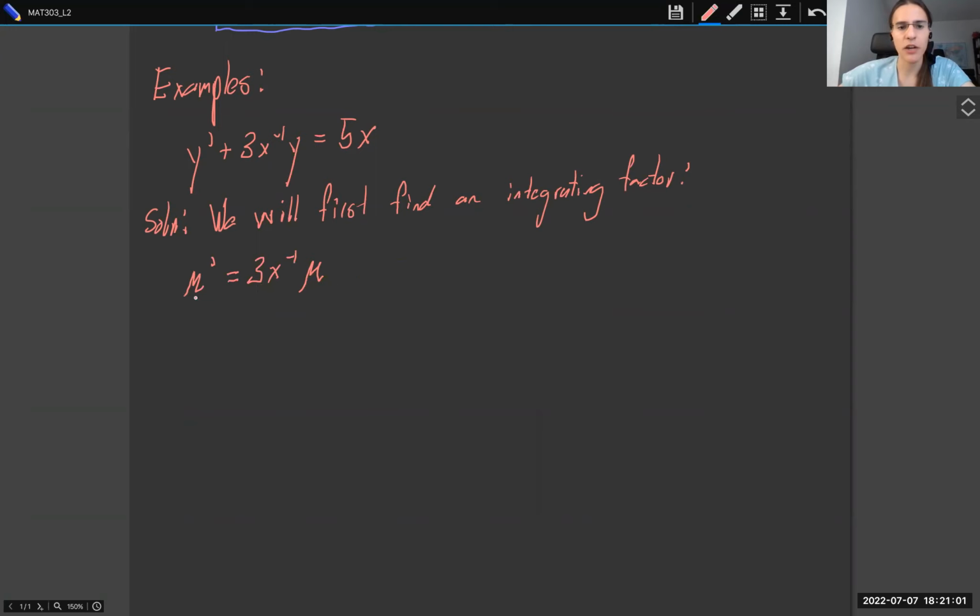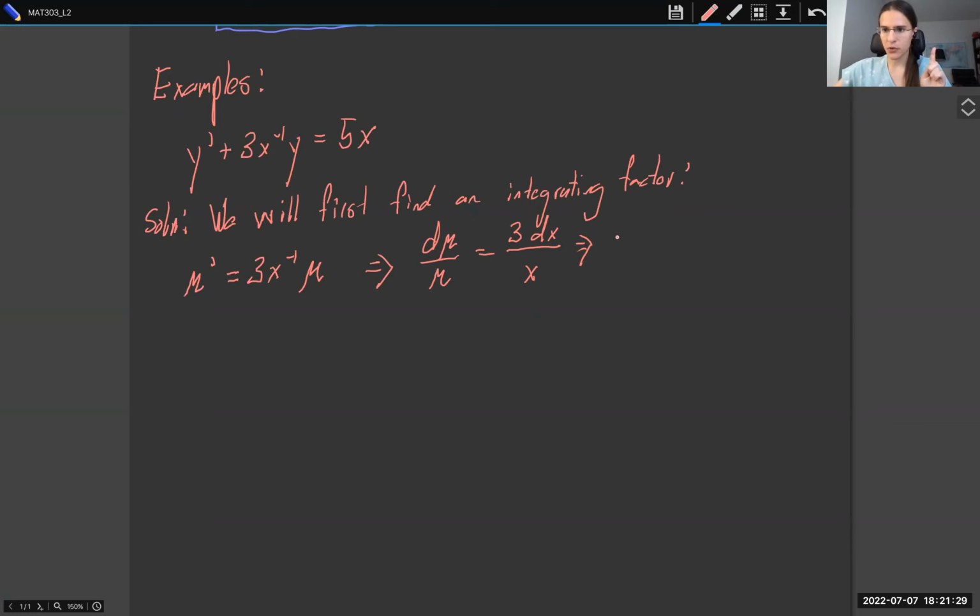So this is the equation that we want to solve, and then we're going to solve it by separation. So this gives us that d mu over mu is equal to 3 dx over x, right? And so integrating, and remember that we want a particular integrating factor.